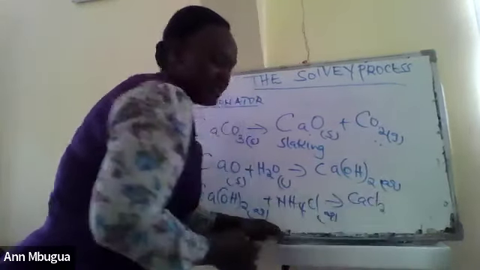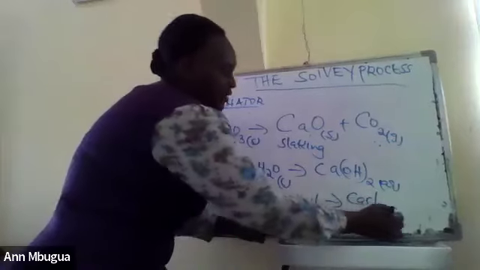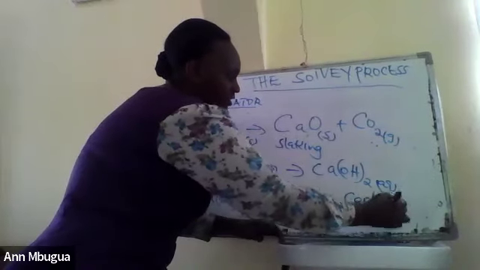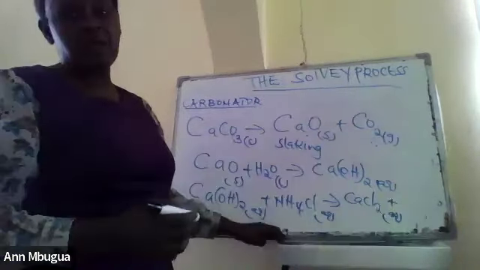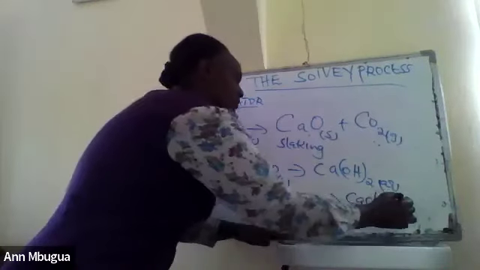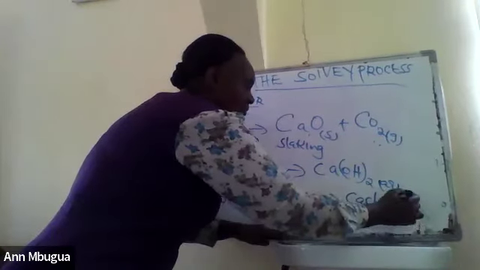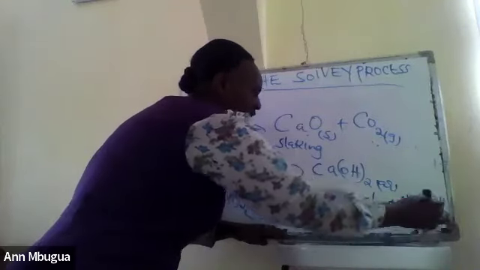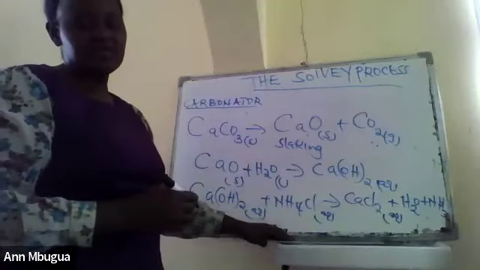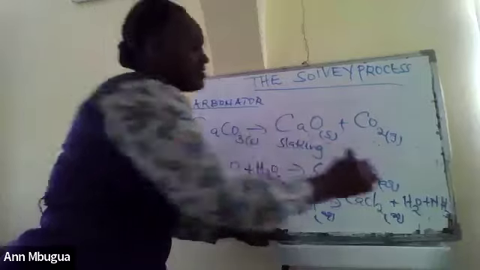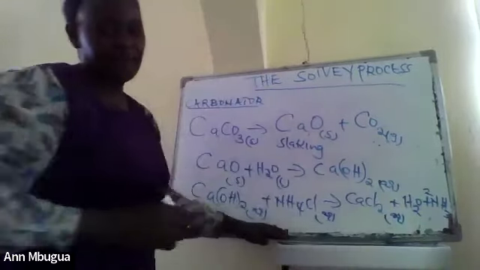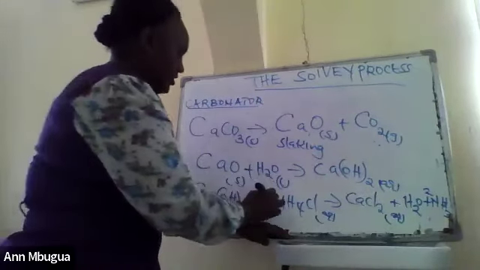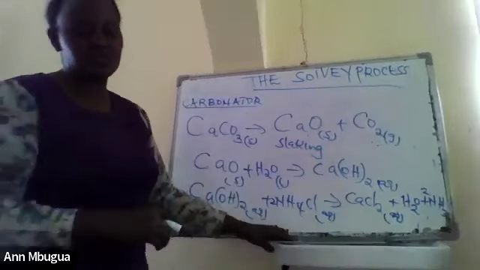The other products are water and ammonia gas. To balance the equation, you can multiply there by 2, and you can multiply there by 2.